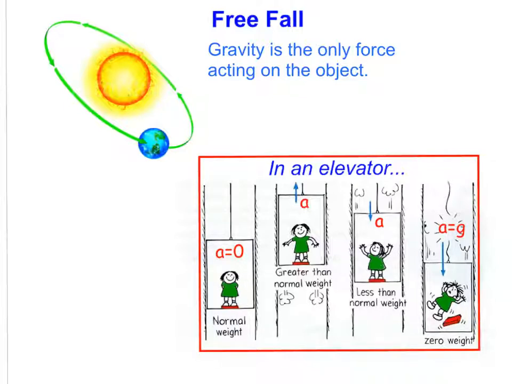In fact, her scale will show zero weight because she will be traveling at the same acceleration as the acceleration due to gravity, and there will be no force that will register on that scale.